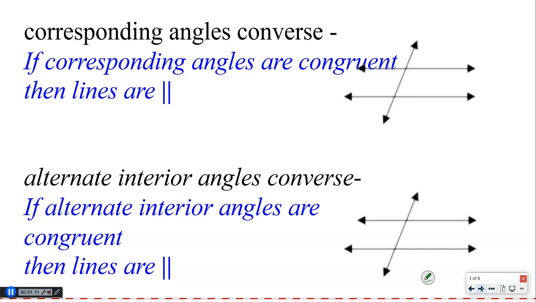Then your alternate interior angles converse, similar, is if alternate interior angles are congruent, then lines are parallel.